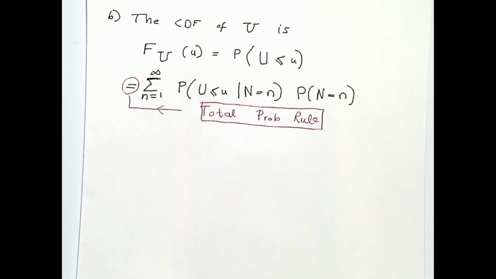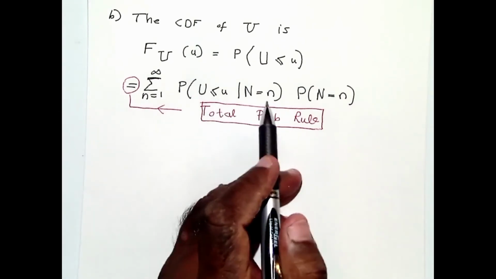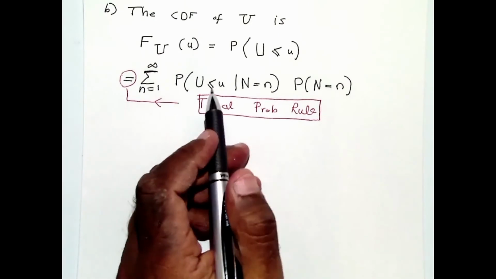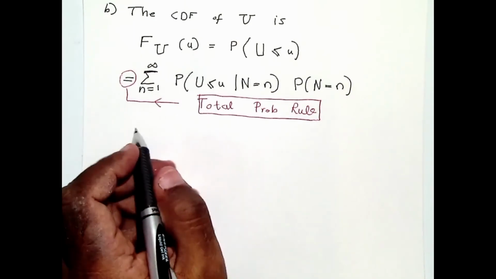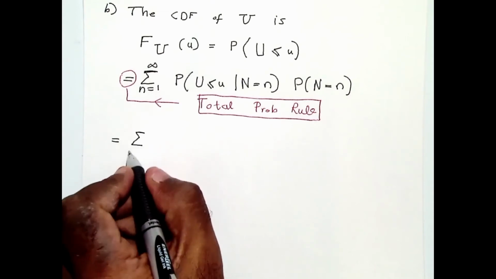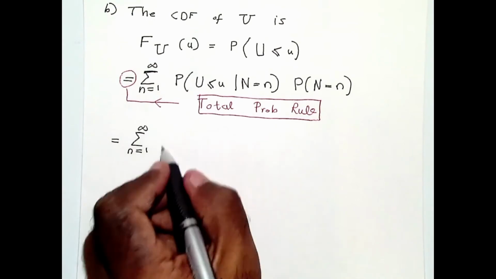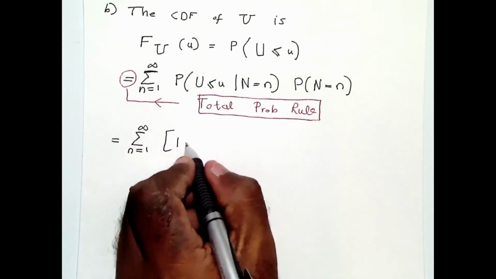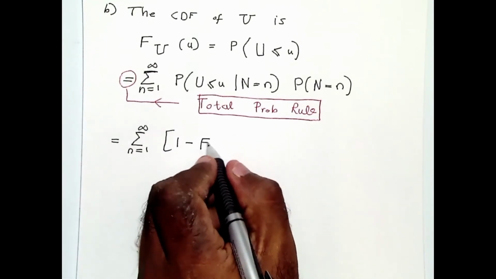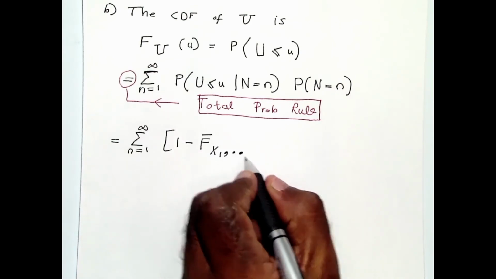Okay. Now, the conditional probability here is exactly the same as the CDF of U we got in case 5. So I'm going to replace this by the result for the CDF of U that we got in case 5.